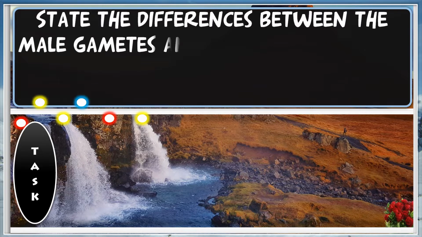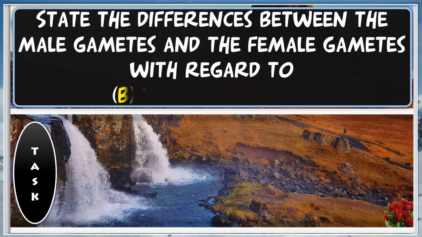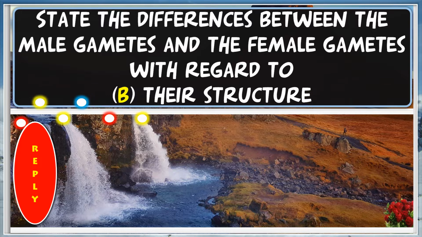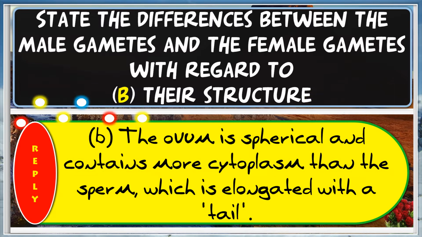State the differences with regard to their structure. The ovum is spherical and contains more cytoplasm than the sperm, which is elongated with a tail.